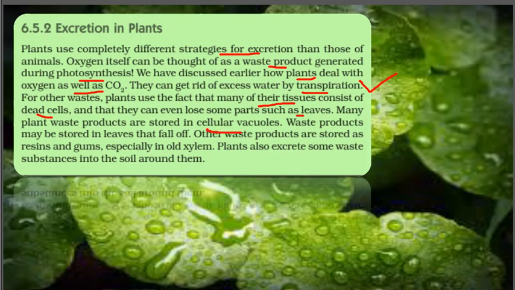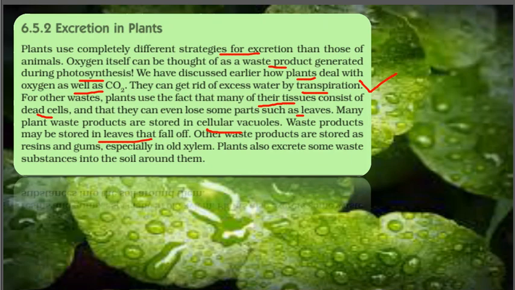So here you have to understand that the tissues contain dead cells, and because of that they lose some parts such as the leaves, and many plant waste products are stored in the vacuoles also. Okay, and waste products may be stored in the leaves, and because of that the leaves fall off.